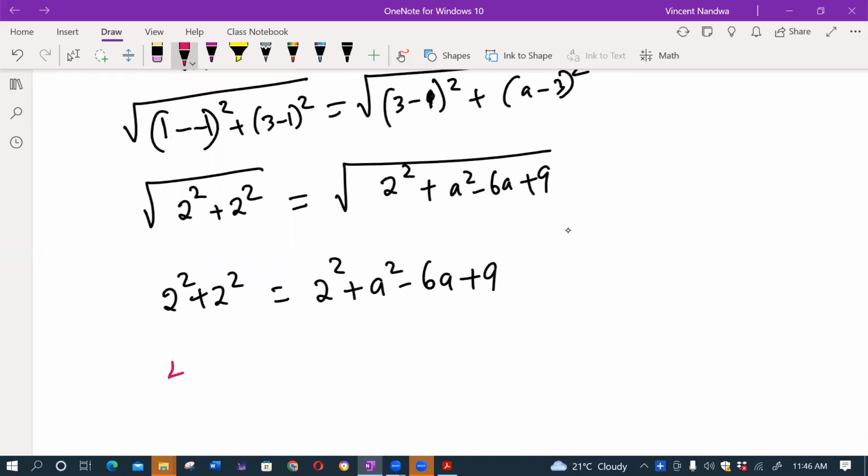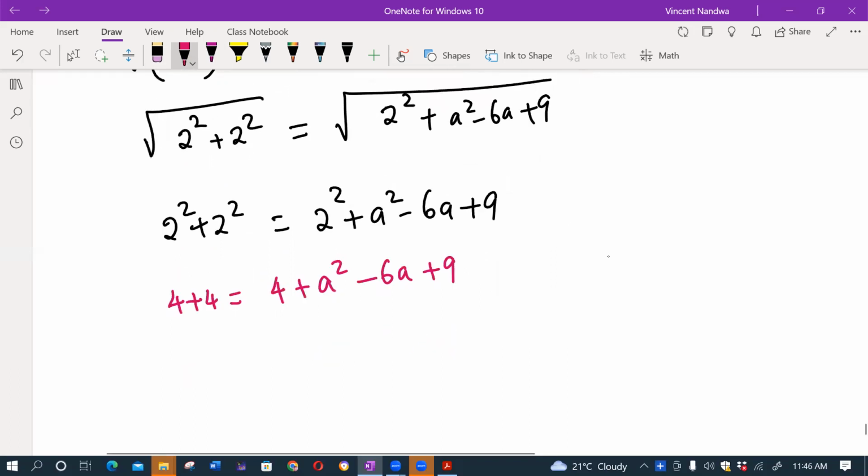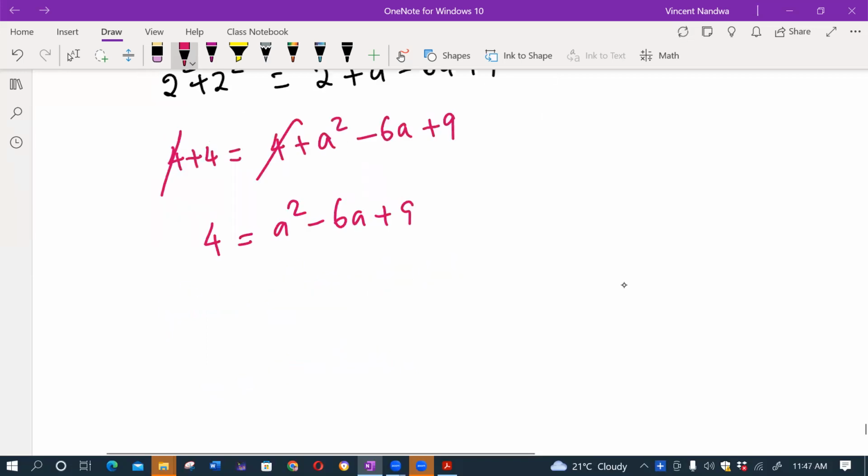So this will be 4 plus 4 equals 4 plus A squared minus 6A plus 9. So 4 and 4 cancel out. So 4 equals A squared minus 6A plus 9, which means A squared minus 6A plus 9 minus 4 equals 0.